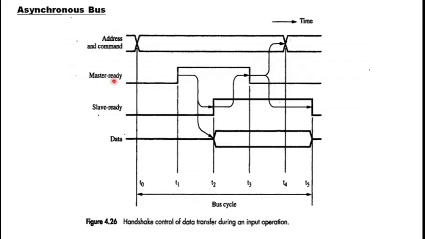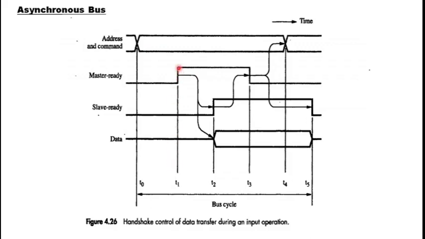Okay, and we know that these signals will take different paths across the computer system and are supposed to reach different entities or different slaves. So suppose that there is a slave named A. Even though master has generated address and command at t0, and it has generated master ready at t1, what may happen is sometimes the address and command signal may actually lag behind the master ready generated at t1 in case of certain slaves.